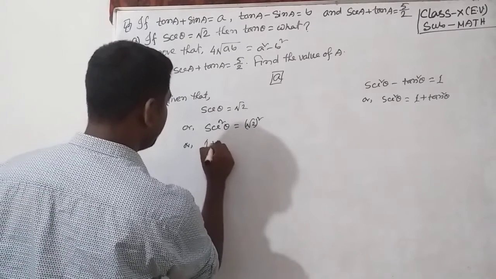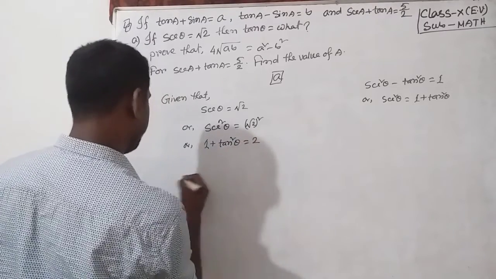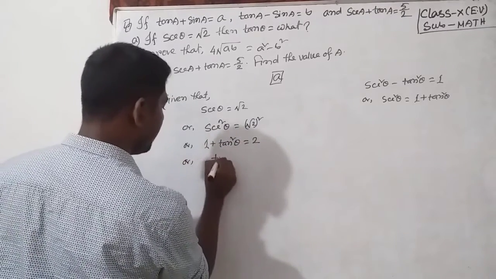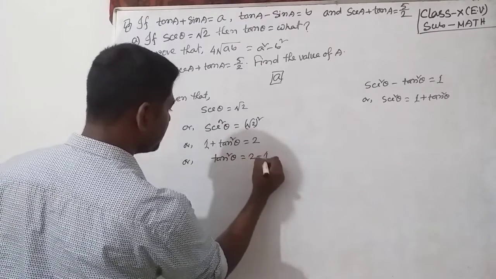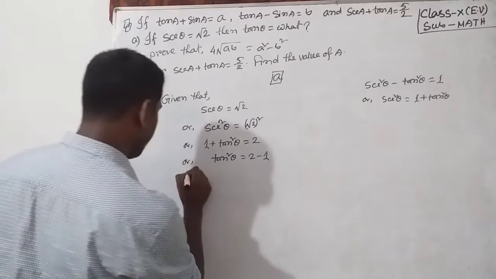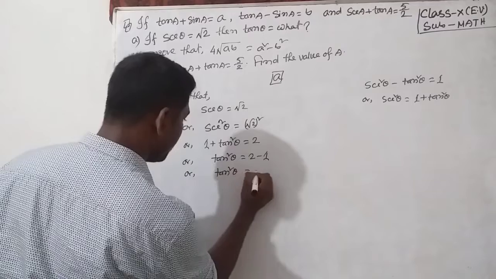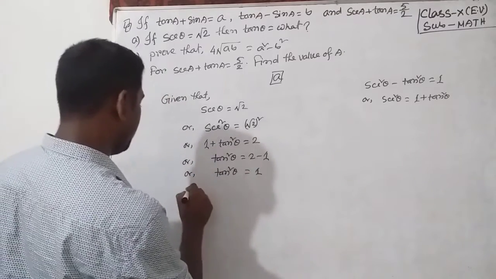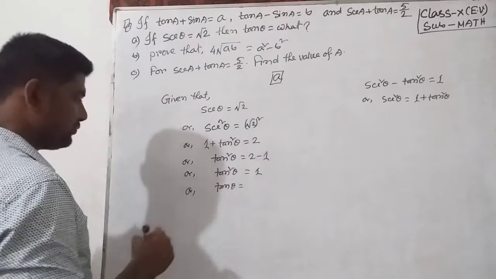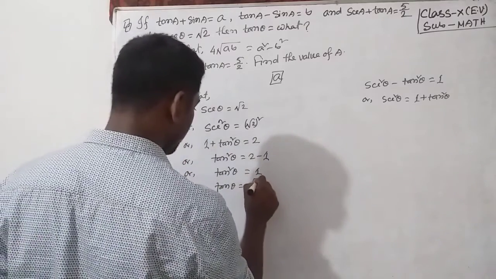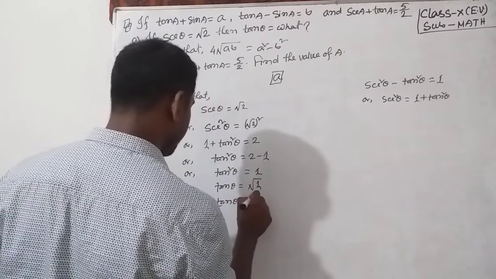We can write 1 plus tan square theta equals 2, or tan square theta equals 2 minus 1, or tan square theta equals 1, or tan theta equals root over 1, or tan theta equals 1.